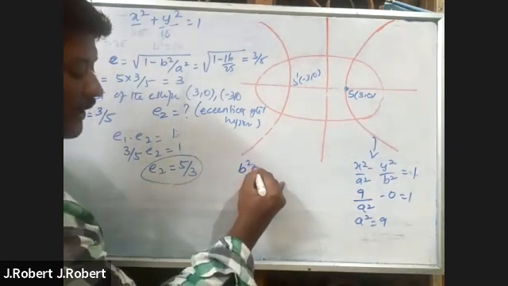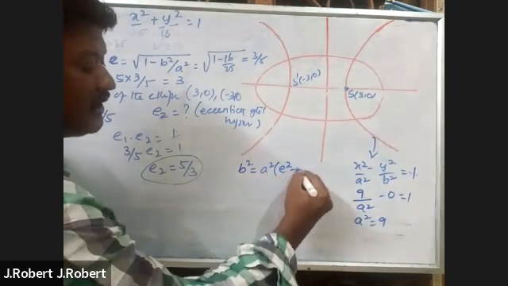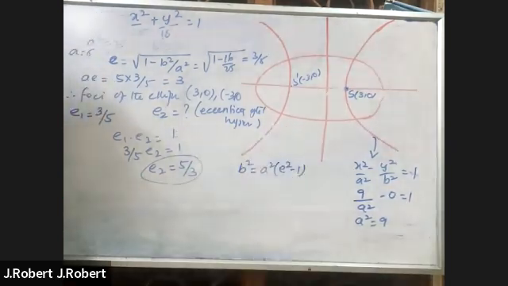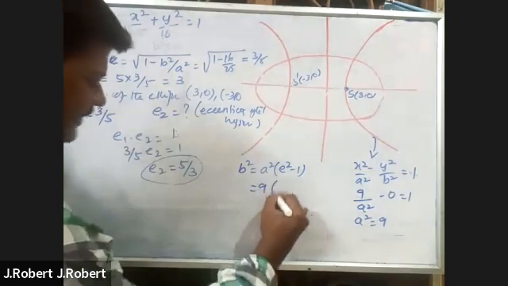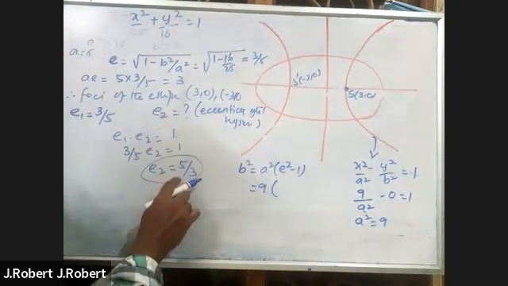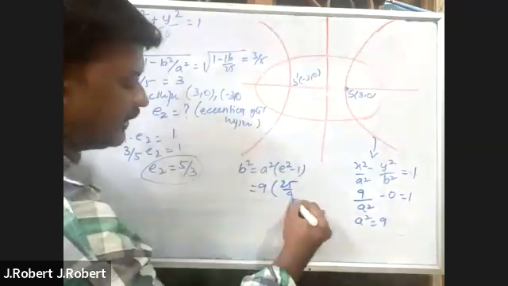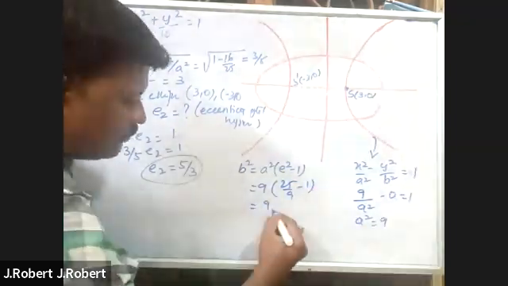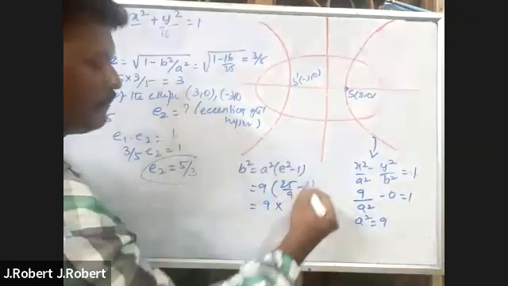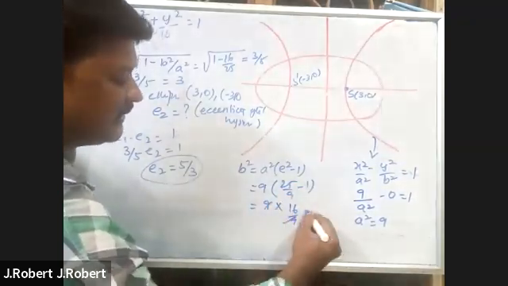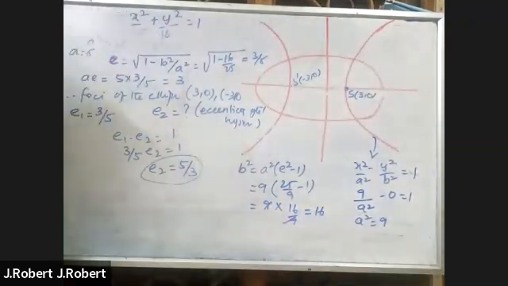The b square is equal to a square into e square minus 1 for the hyperbola. Your a square is 9, and e2 is the hyperbola eccentricity. Squaring, we get 25 by 9 minus 1, which is equal to 9 into 25 minus 9 by 9, that is 16 by 9. 9 cancels. Answer is 16.